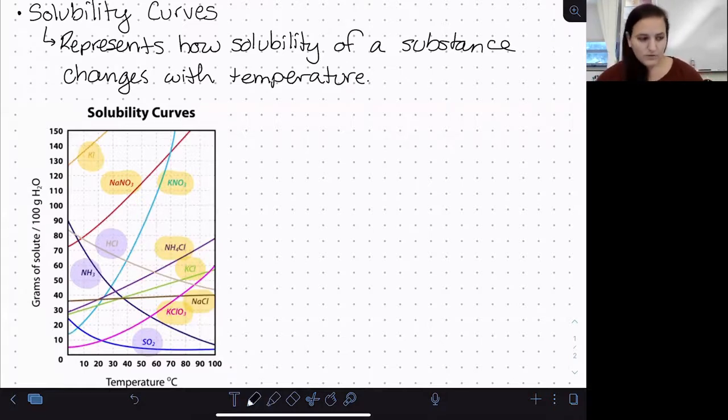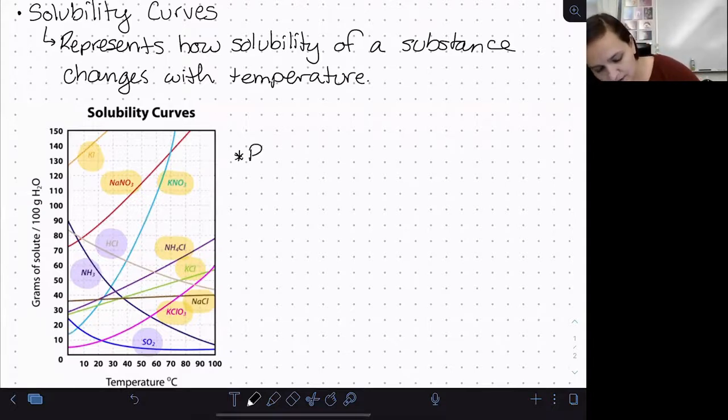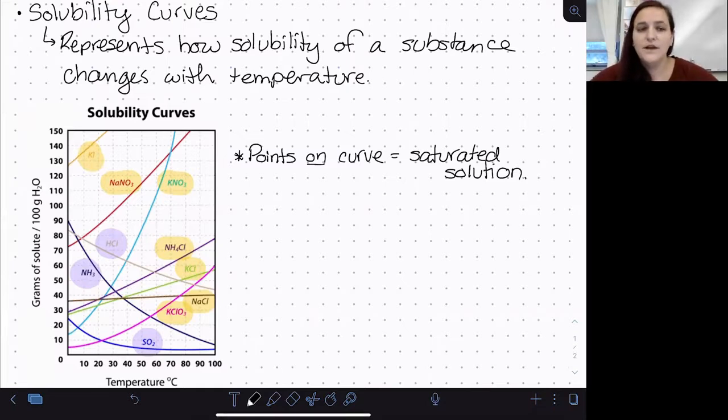And if we think about what this really represents, these curves, the lines themselves, represent a saturated solution at every temperature. So any point that is directly on the curve represents a saturated solution, meaning that that is the most solute we can dissolve in 100 grams of water at that temperature.